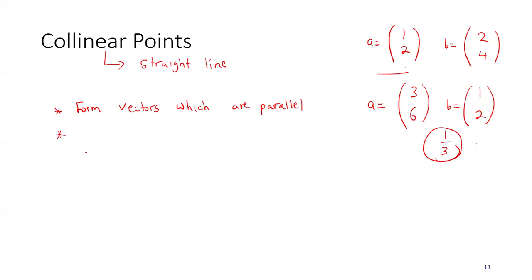The second condition, so here, when you are proving parallelism, the only thing you need to look out for is, is there any scale factor? Is there any multiple you can multiply with one vector to obtain exactly the other vector? Then number 2, they must have a common point.